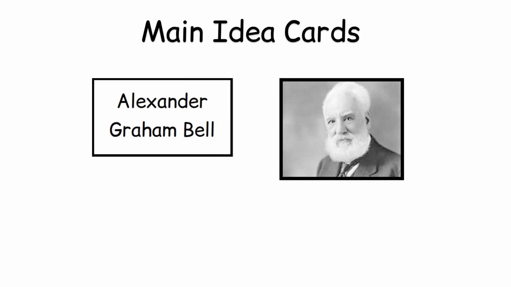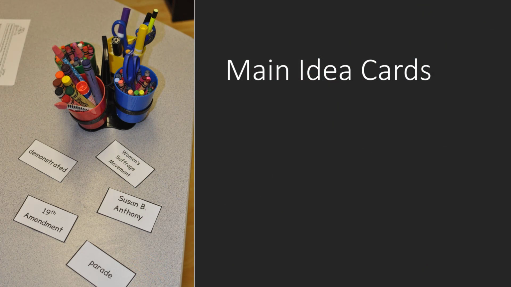We have main idea flashcards in two formats, one written and one a picture version, for each page of the book. After the page has been discussed, the students ask one another questions about the main idea as they hold the card. Once the students have finished the book, you can play games where they draw a main idea card and share what they know about the main idea.